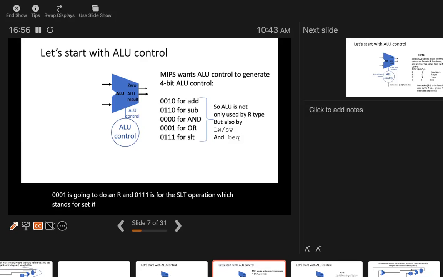So if A is less than B, then I'll set the ALU output to 1, otherwise I'll set it to 0. These are the 4-bit signals generated by the ALU control, which actually controls the ALU.